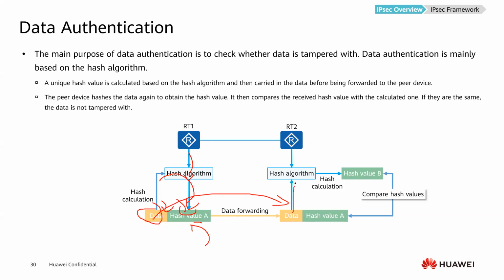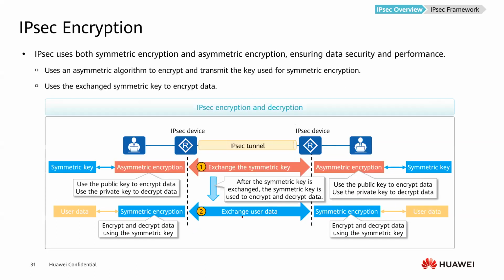And the receiver will do the hash again to see if the two hash values are equal or not. They will compare them. If they are not equal, it means this packet has been modified.